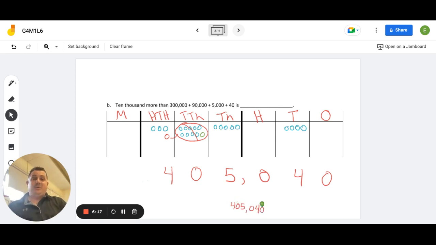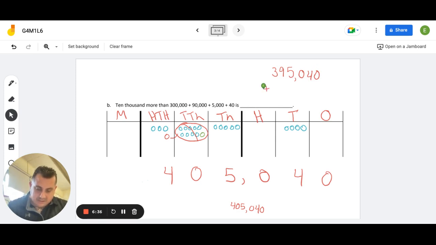405,040. Now, some of you may have been able to do it this way and start right from the beginning and go, wait, I had 300,000, 90,000, 5,000. I knew the number was 395,040. Okay.